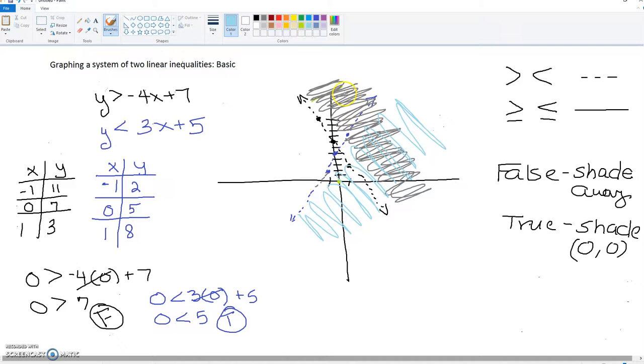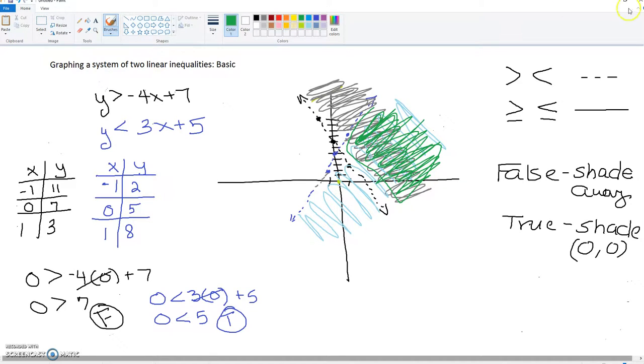We just want the part where it overlaps. So we're looking for the part that's gray and blue. And so if you look here, I'm going to do a different color. This area here is what's shaded for both. And that is the only thing that Alex is going to want.